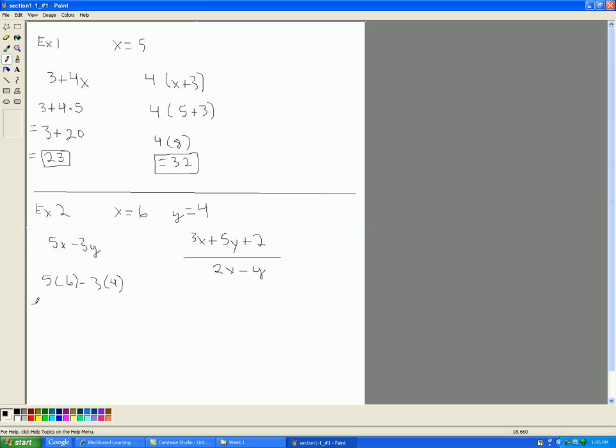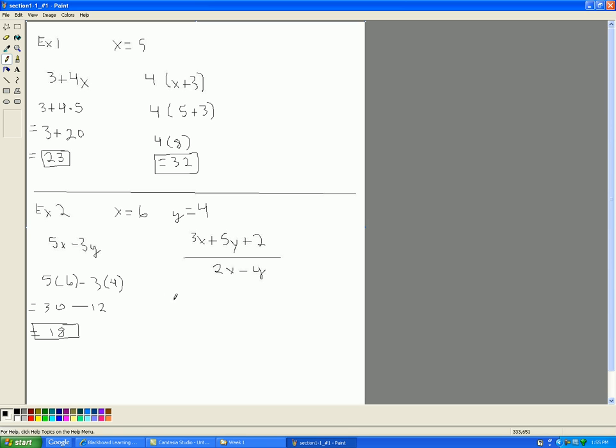Now order of operations tells us we do multiplication first. 5 times 6 is 30. Minus 3 times 4 is 12. And now we do the subtraction. 30 minus 12 is 18. That's our answer. Let's circle it or box it in.